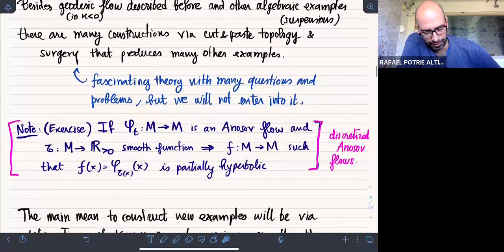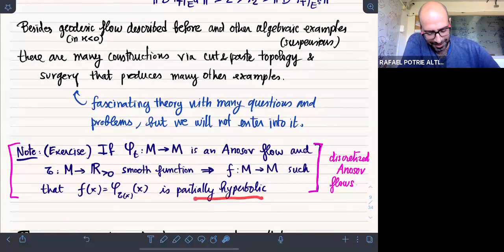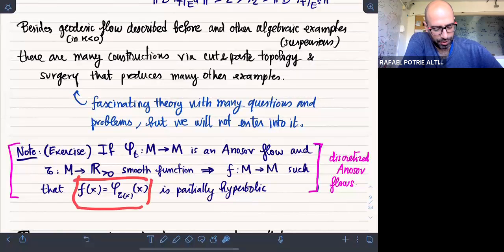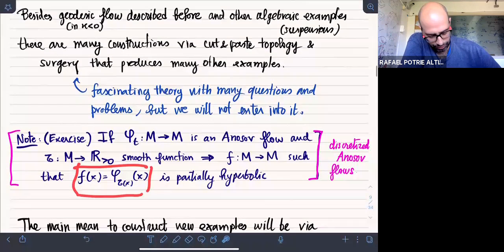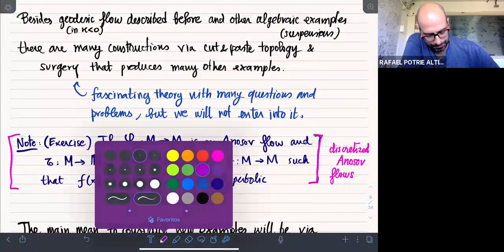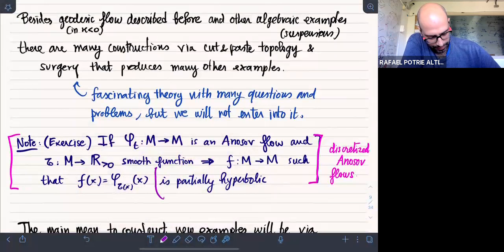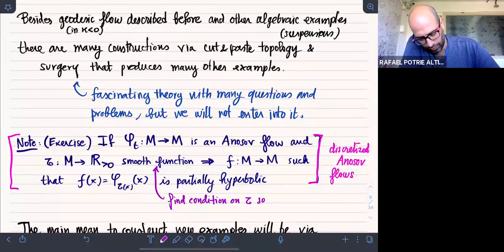Of course, I'm asking you to show that this map is partially hyperbolic, but you need to find a condition on tau so that f is a diffeomorphism.